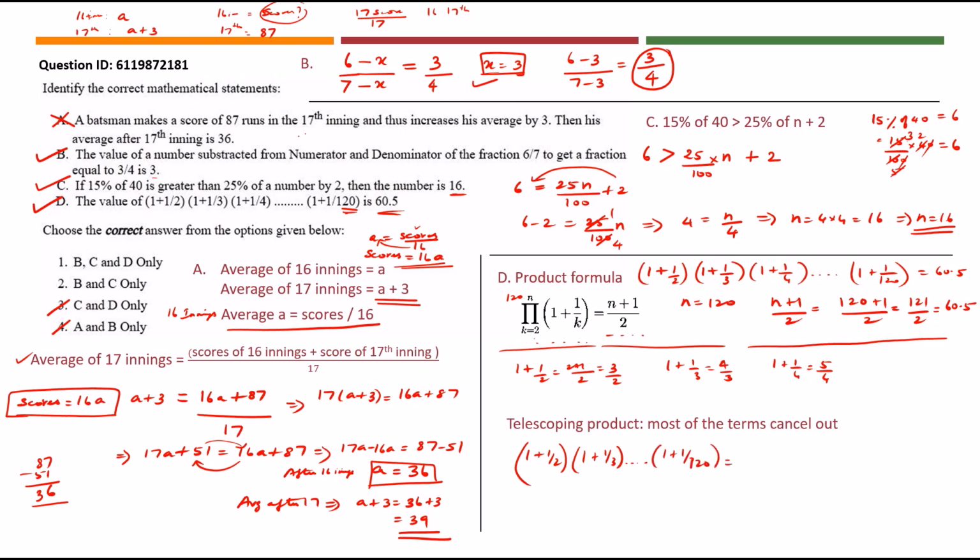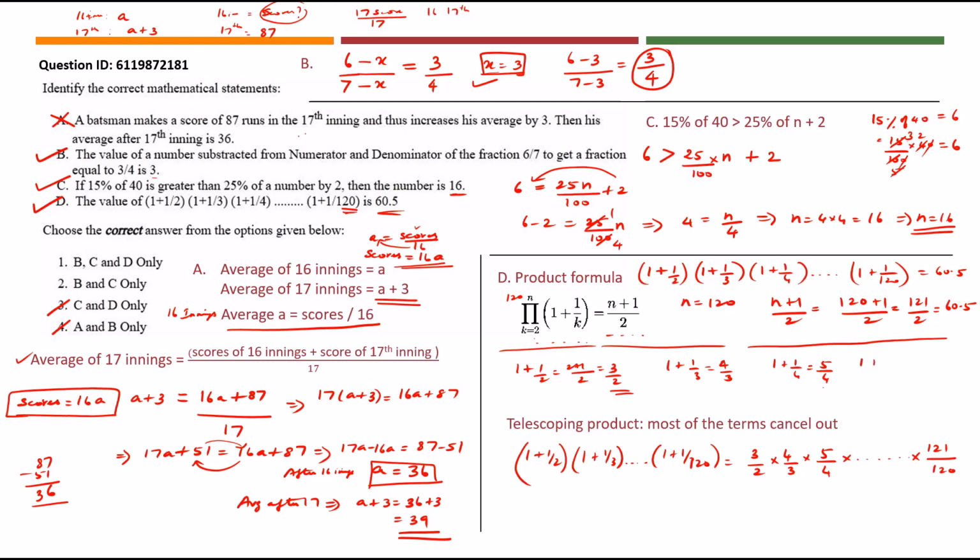This can be written as, instead of 1 plus 1 by 2, we will have 3 by 2 into what is given here for 1 plus 1 by 3, it is 4 by 3 into, here we have 5 by 4 for 1 plus 1 by 4. This will go up to, what will be the final value here? It will be 121 divided by 120.